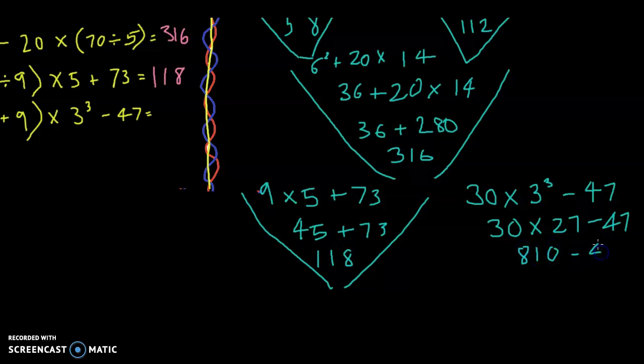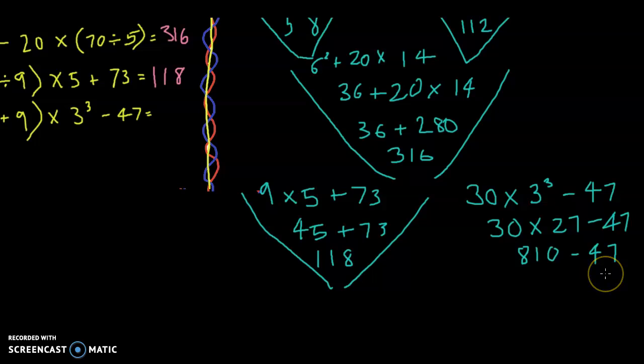minus 47 will be, so let's subtract 47 from 810: 37 left minus 800, and then 30 is 770, and then we still have our remainder. It's 773, right? Are you sure that's right?